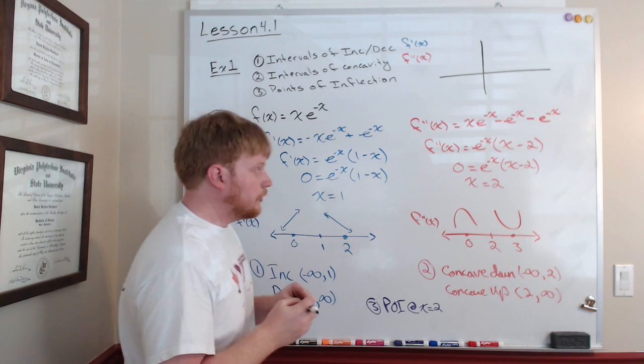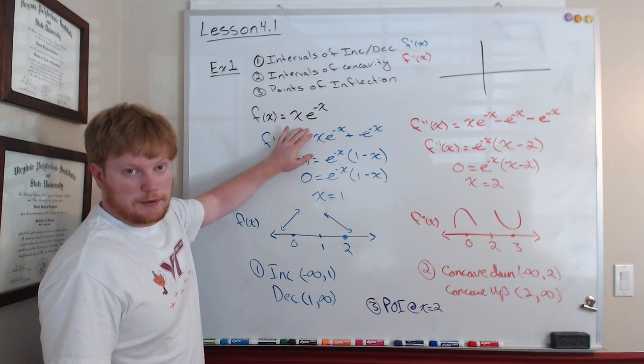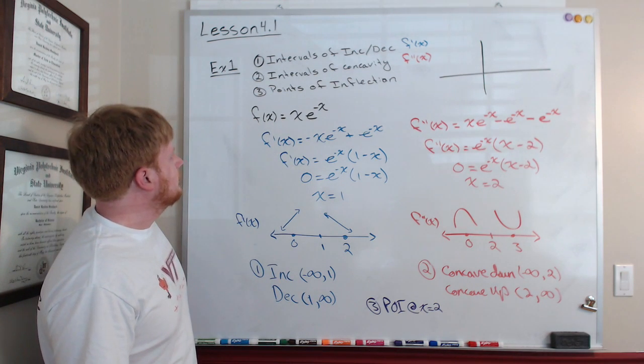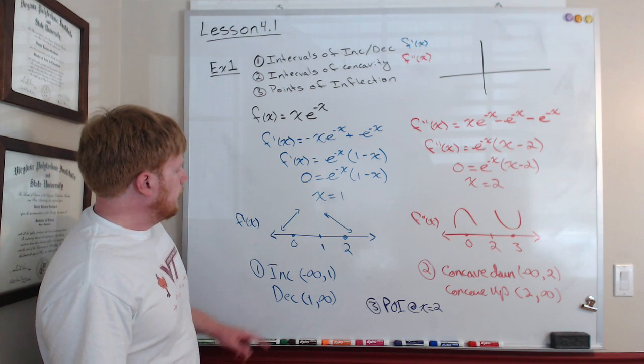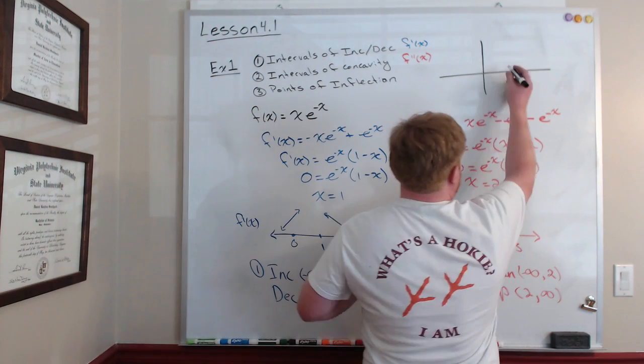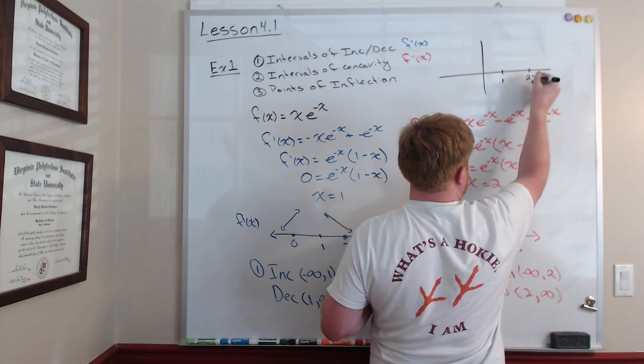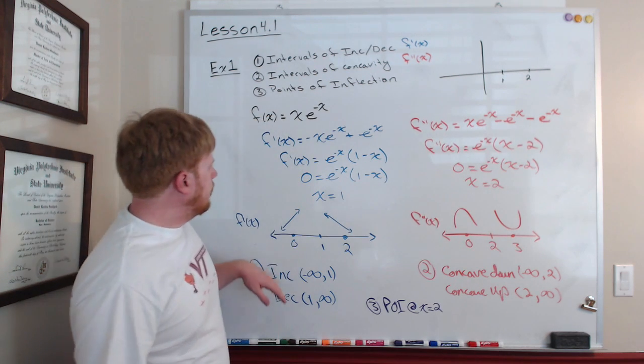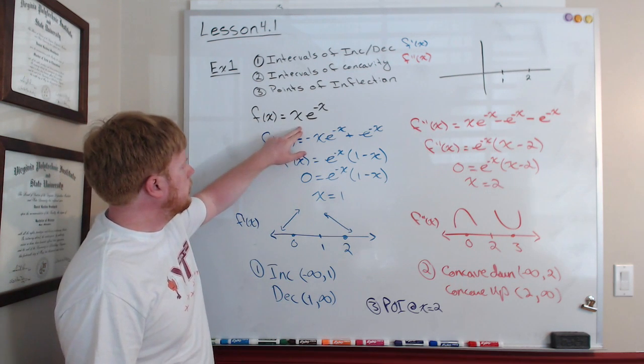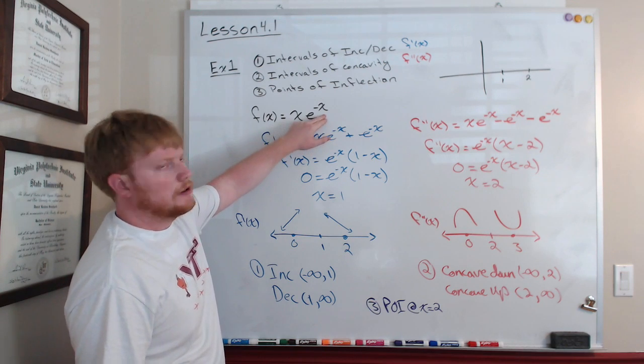So now I could tell you to graph something like this without a calculator. Okay. So 1 and 2 are where things are happening. There's 1, and there's 2. When I plug in 1, I get 1 over e.